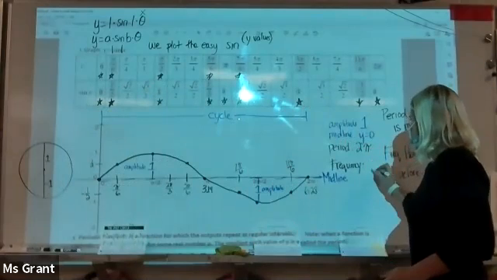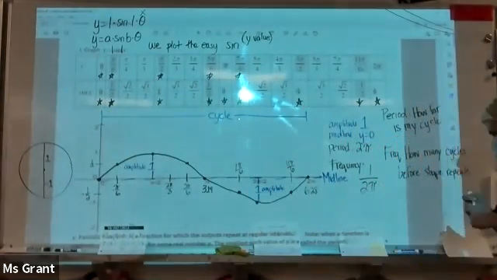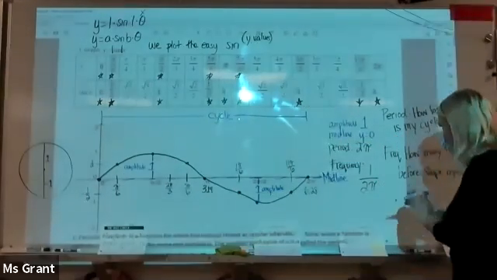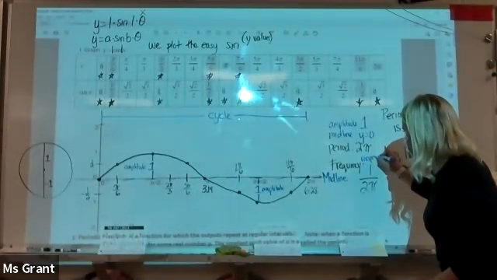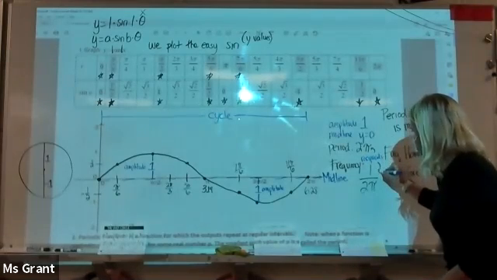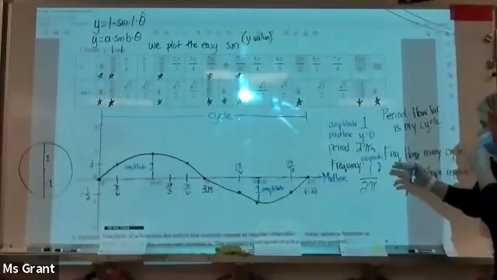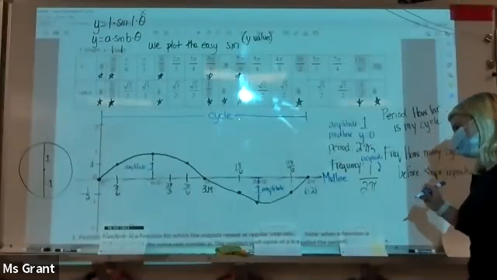Here's how you write it: 1 over 2 pi. And this is obviously reciprocals. The period and the frequency are reciprocals.